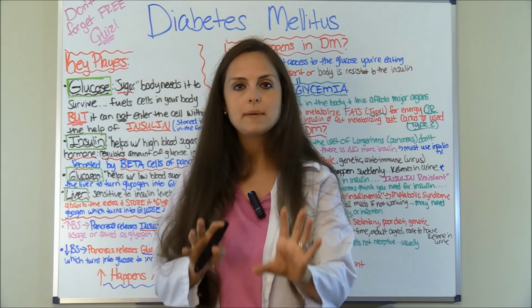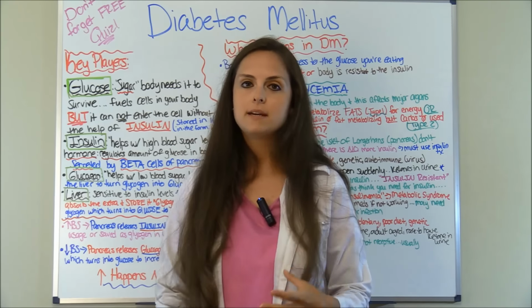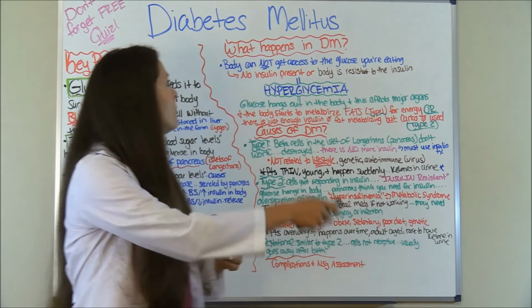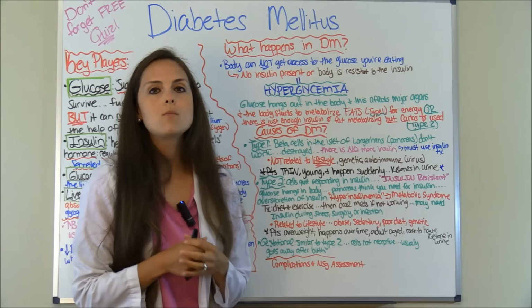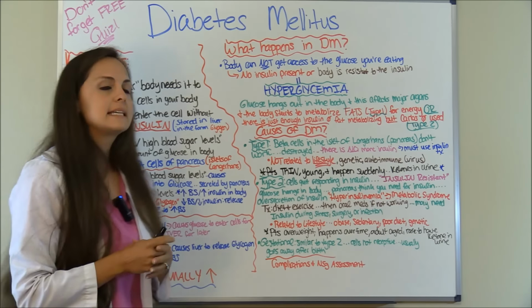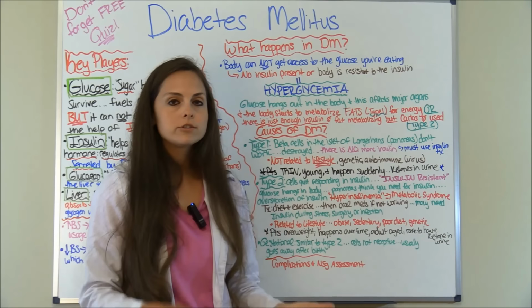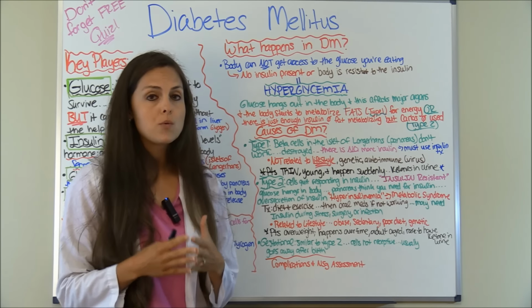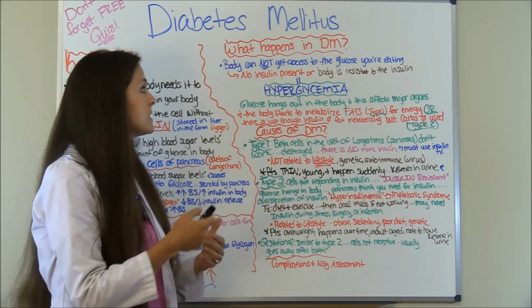So that is what's happening in someone who doesn't have diabetes, who has a normal, healthy pancreas, and they don't have insulin issues. But what is happening to someone with diabetes? Okay, what's happening is that you're eating all your sugar, you're eating your food, but the body cannot get to that glucose that you're eating.